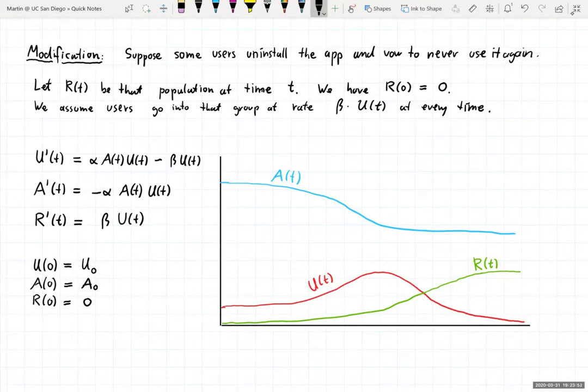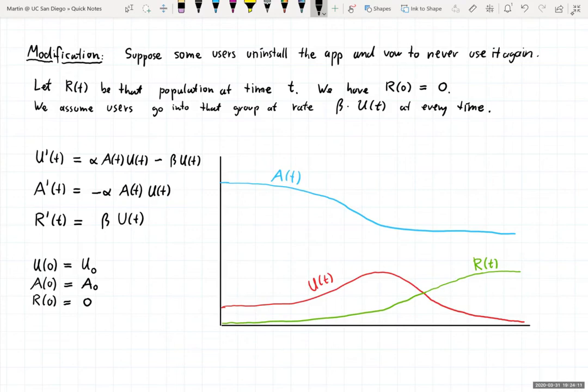Now, we assume that we have users of this app and they uninstall. The rate of people who remove this app, who get rid of this app at any time t, is proportional to the number of users again.